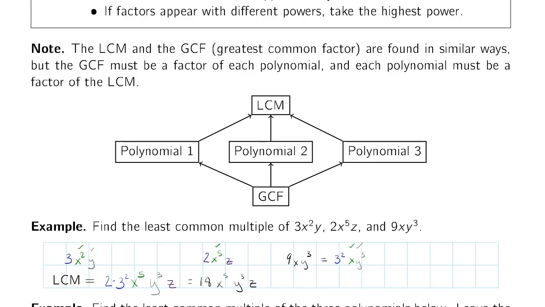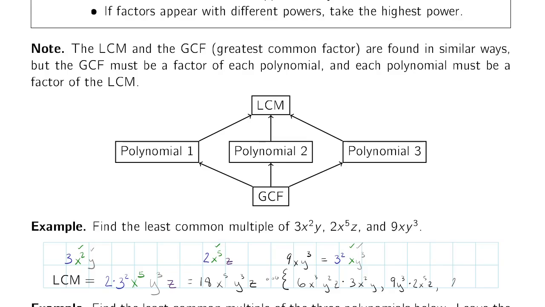Notice that that actually is a multiple of each of my monomials. I won't usually write this. That's 6 x to the 3rd, y squared z multiplied by 3x squared y. It's 9 y to the 3rd multiplied by 2x to the 5th z.